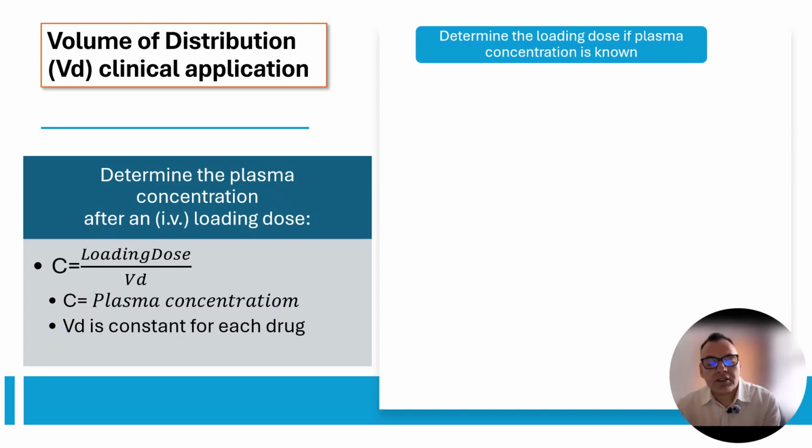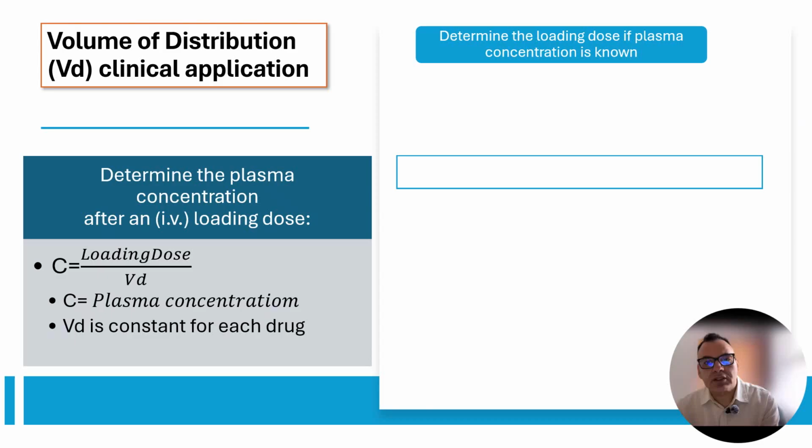The other thing is we can determine the loading dose if the plasma concentration is known. So it is the opposite. We know the plasma concentration, Vd is constant, so we need to identify how much loading dose is needed to reach a specific concentration in the blood.